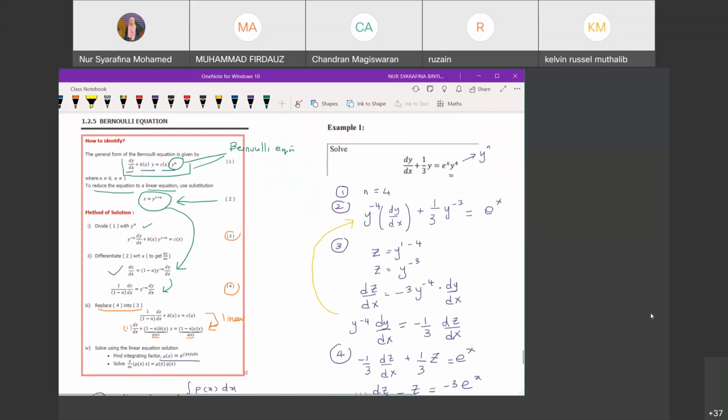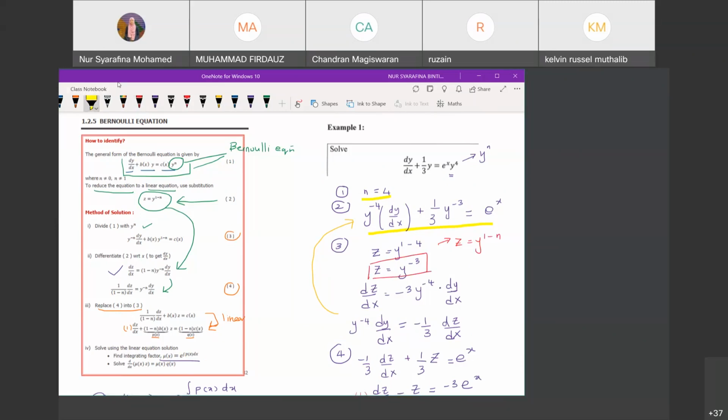So this is how you find the solution of Bernoulli. First, identify n, okay? And then divide the equation with y to the power of n. And then use substitution for z equals y to the power of 1 minus n, and n is 4, so you have the substitution z equals y to the power of minus 3.